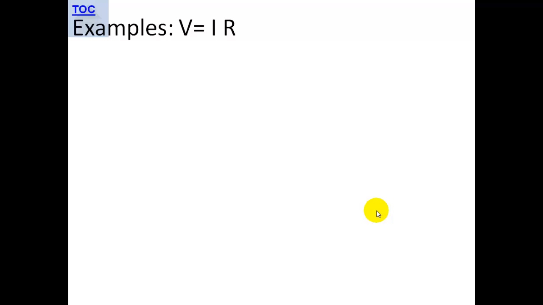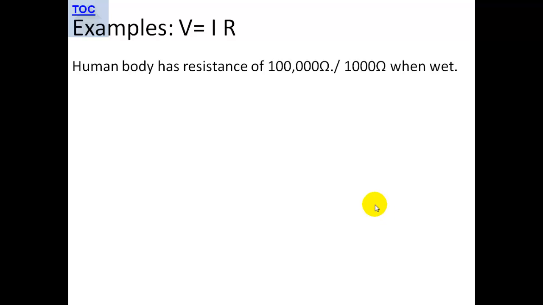Some examples. The human body has a resistance of between 100,000 ohms and 1,000 ohms when it's wet. Try to find the current when you hold a 12 volt connector, let's say a car battery.